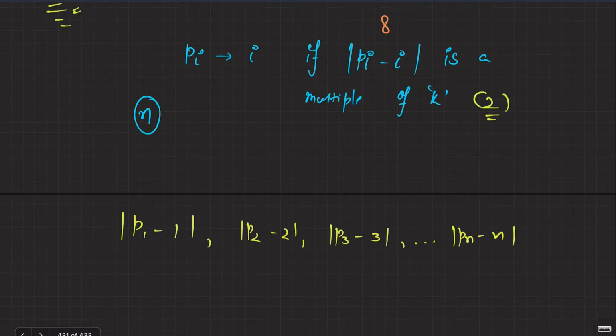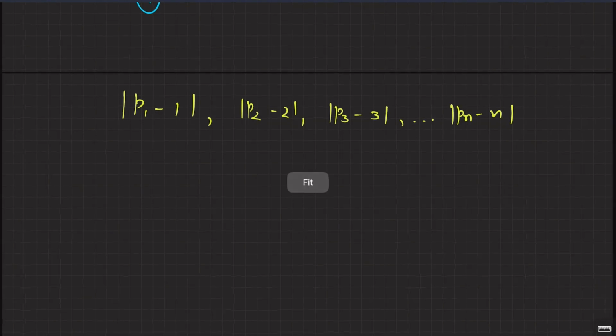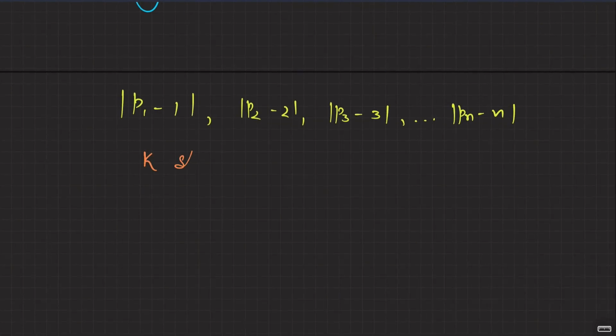Okay, right? So k should divide all of them. If these all should be multiple of k, what it means is k should divide all of them, right? So all of this should be a multiple of k. It means k should divide all of them.